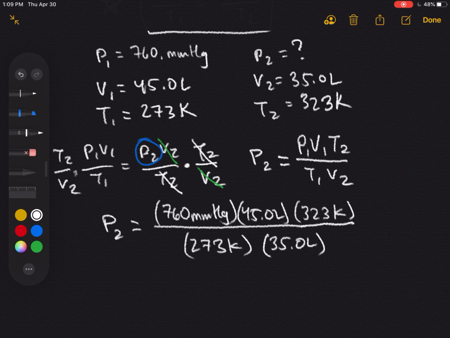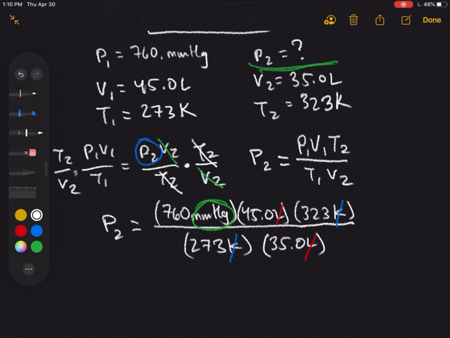Now at this point, it'd be really good to check unit cancellations to make sure that you set things up correctly. And that's the magic of units, is they'll tell you if you've made a mistake somewhere along the way. So let's see, my liters are going to cancel out, my kelvins cancel out. And look at that, I'm left with millimeters of mercury. And since I'm solving for pressure, that's what I want. So I think I've set this up correctly, and I'm ready to do this calculation.